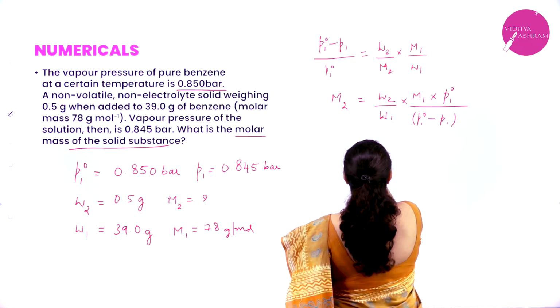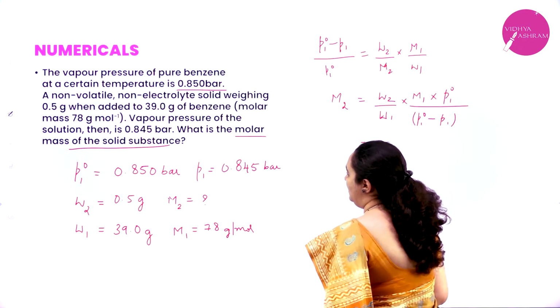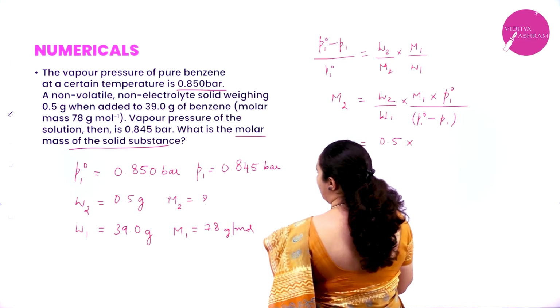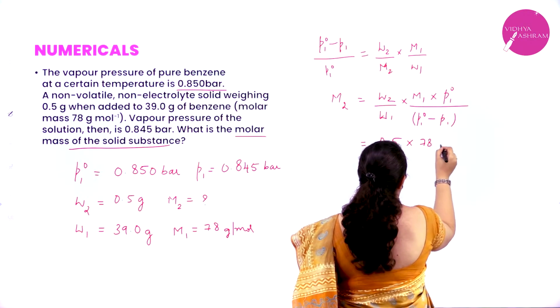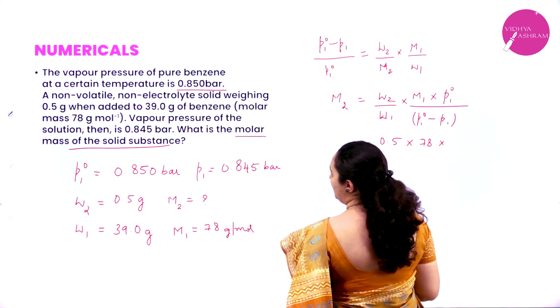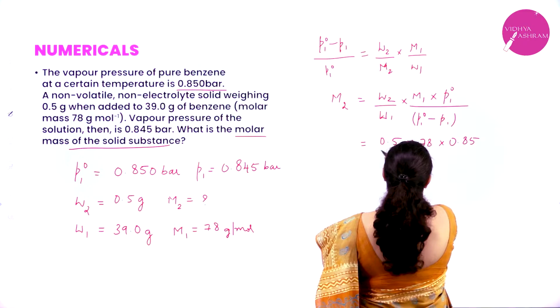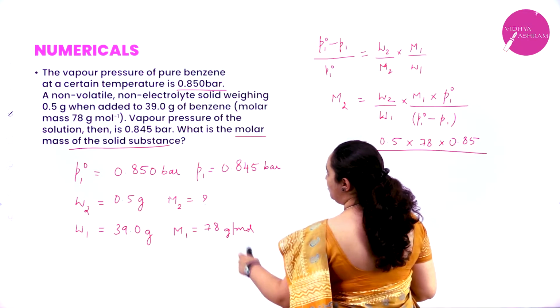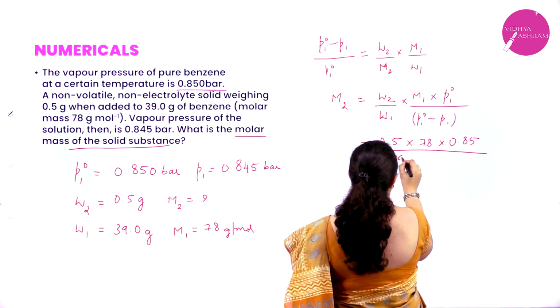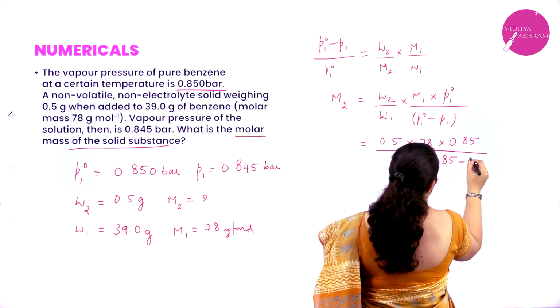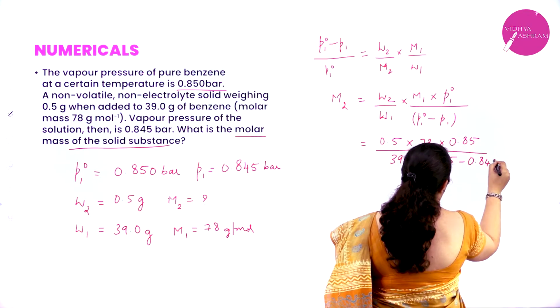Okay. I shall do the substitution. W2 is 0.5 into M1 is 78 into P1⁰ is 0.85 divided by W1 is 39 into 0.85 minus 0.845.